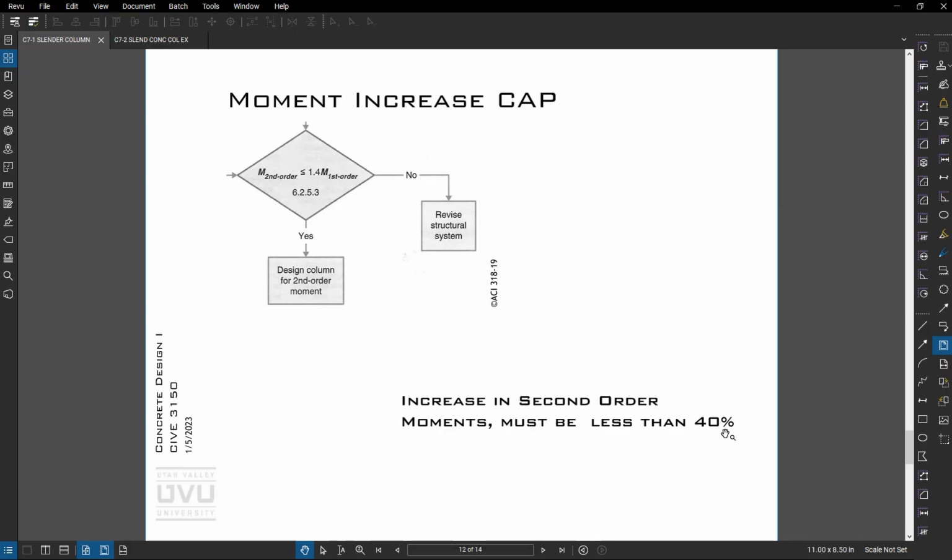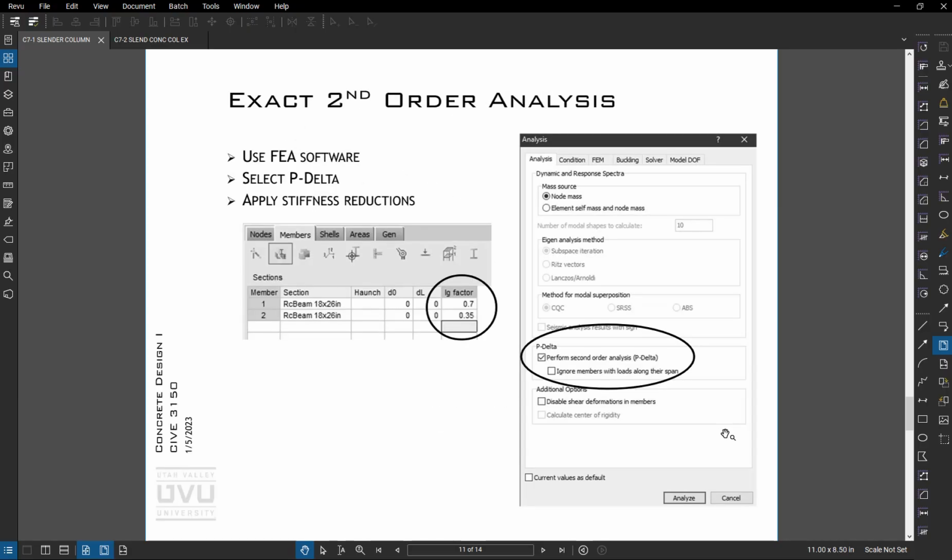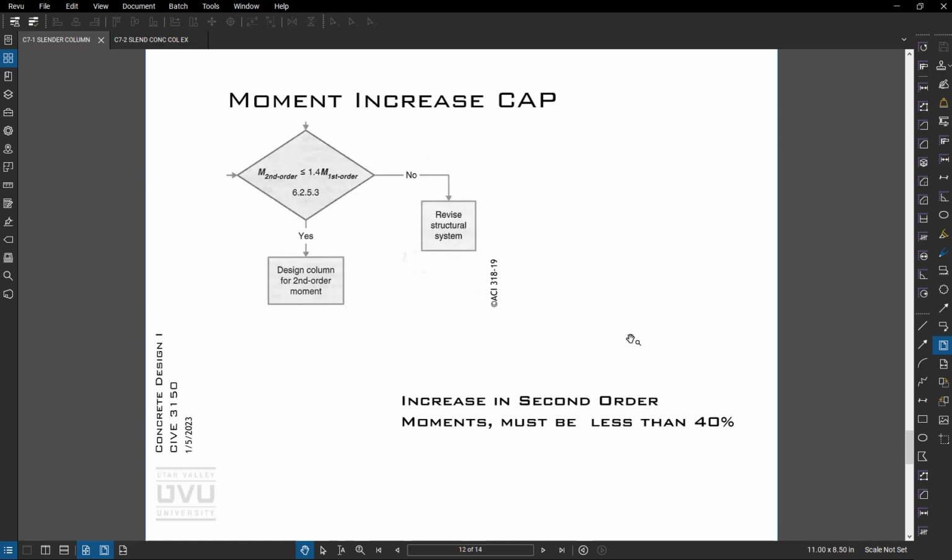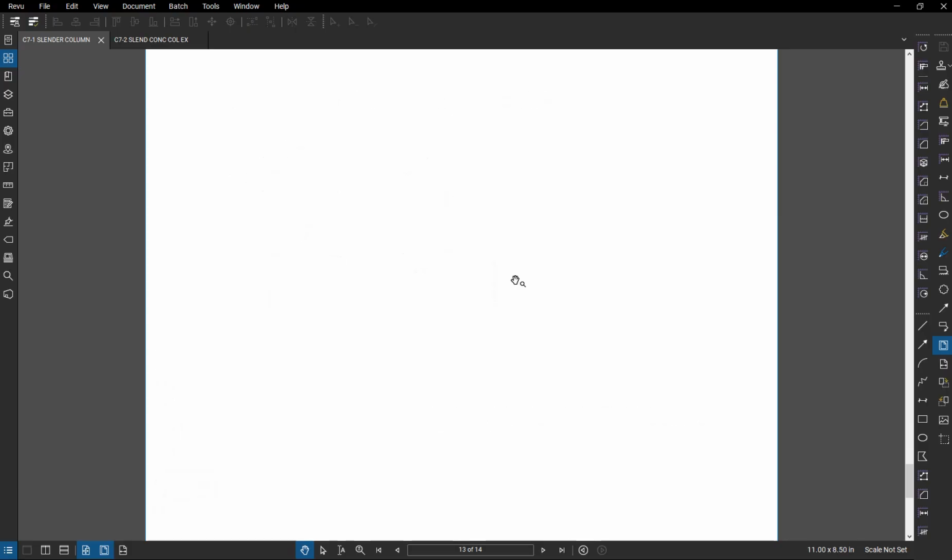So when you do a P-delta analysis, look at the initial moments in the columns, compare them to the final moments, and see if you meet this 40% increase criteria. You can do that just by turning off the P-delta analysis. That's a key final check.